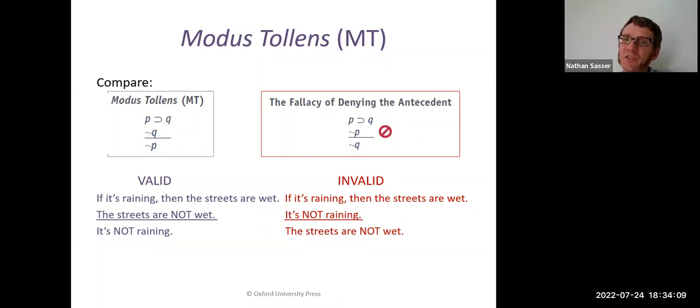Can you think of a situation in which it's true that if it were raining, the streets would be wet, and where it's also true that it's not raining, but where actually the streets are wet? Sure. Again, somebody's hosing down the sidewalks, and there's water all over the streets. That is a perfectly legit possibility. So don't make the fallacy of denying the antecedent.